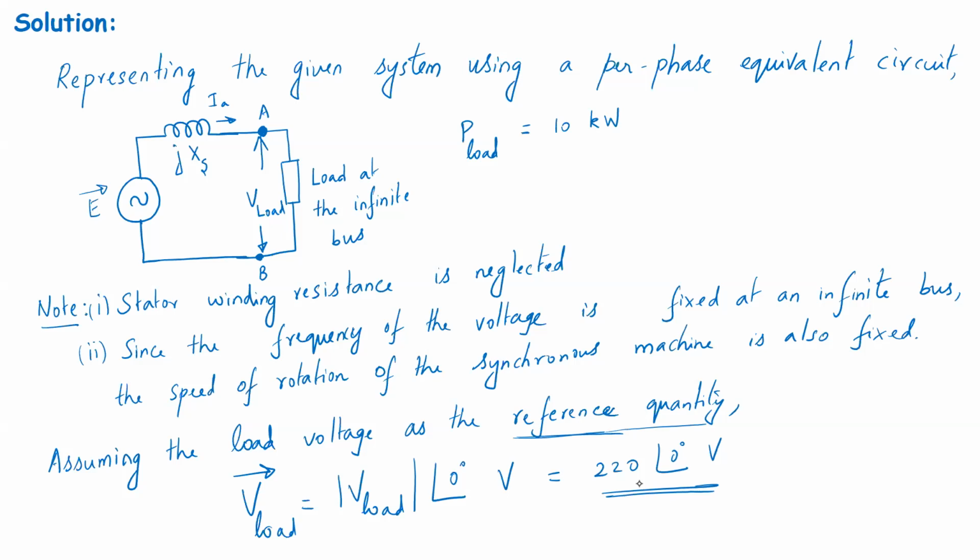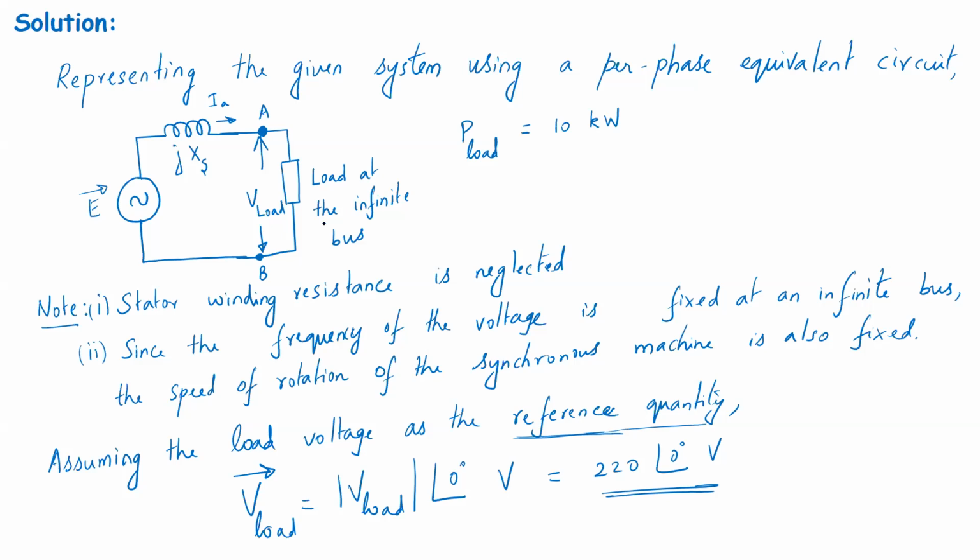Now, in the problem statement, it has been mentioned that the power factor, which is nothing but the cosine of the angle between the load voltage phasor and the armature current phasor, is 0.83.